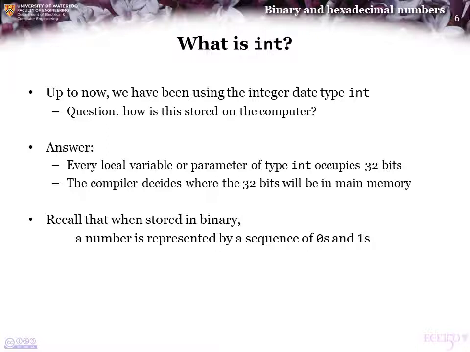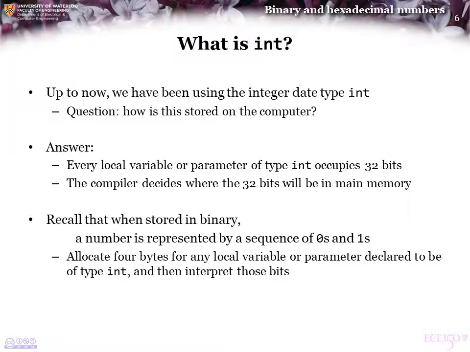Recall that when stored in binary, a number is just represented by a sequence of ones and zeros, and so therefore on the computer in main memory, it will be potential differences in circuits that are either 0 volts or 5 volts. So again, somewhere in main memory, 4 bytes will be allocated for any local variable or parameter declared to be of type int, and then these 32 bits will be interpreted as an integer data type.